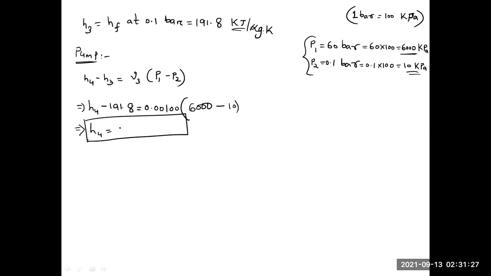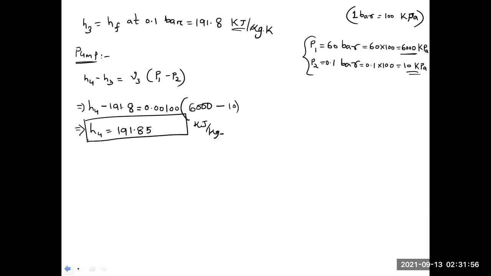Okay, so if we solve it, we will get approximately the same value, 191.85 kilojoules per kg. Now, sorry, it will be 190.